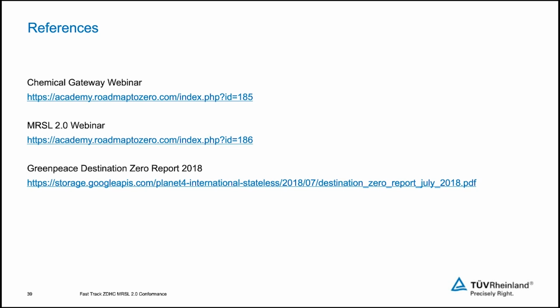Yes. If you take a look at the MRSL list, they have the limit of X parameter, for example SCCP, MCCP, APEO, or similar. Each has a limit, and based on the limit, we have to make the evaluation. Of course, in this case, one fail means the whole product will fail.